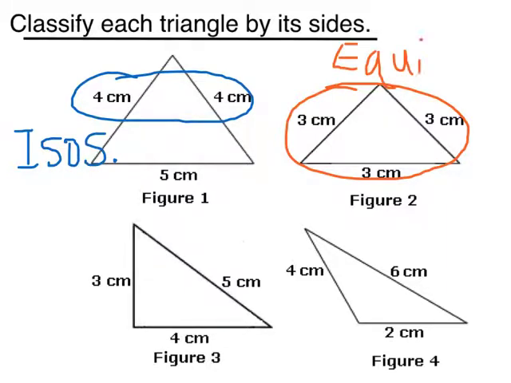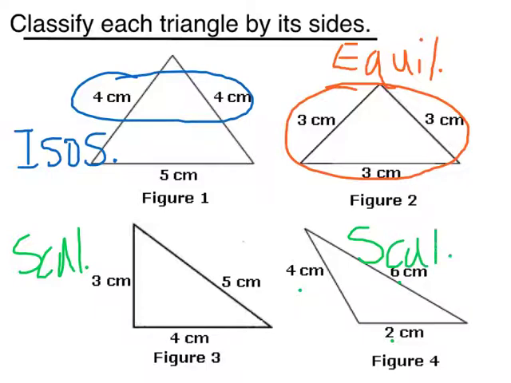And I'm just going to abbreviate it like this. Alright, let's look at the third one. We have no sides that are congruent to each other, so this is scalene. Alright, let's move on to the last one. 2, 4, and 6. None of these sides are congruent, so this is also scalene.